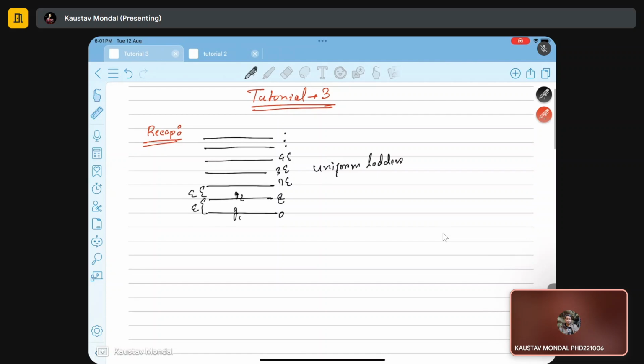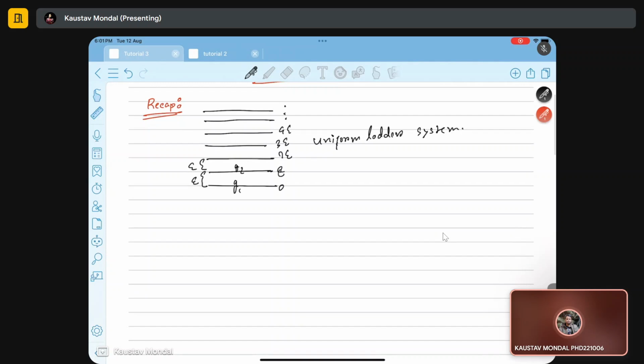Then for this kind of a uniform ladder system, we have shown that the partition function is q equal to the summation over all the energy levels. Let me use the summation index j to specify the energy levels: g_j into e to the power minus beta E_j.